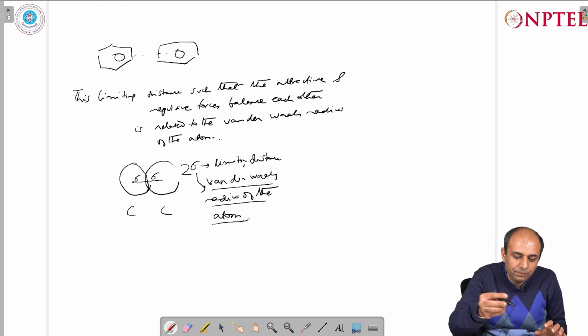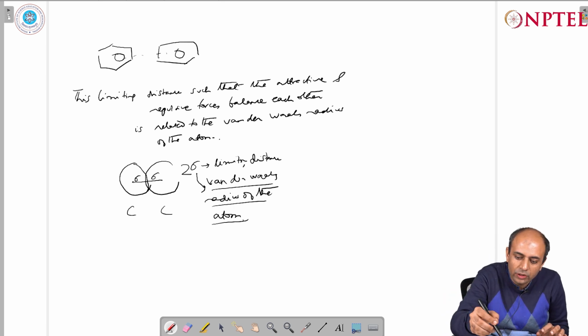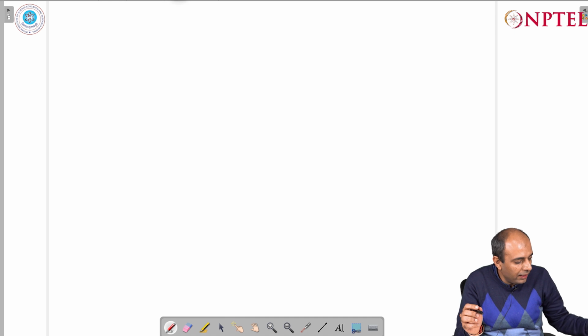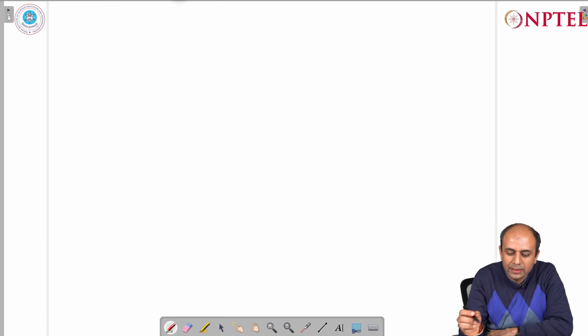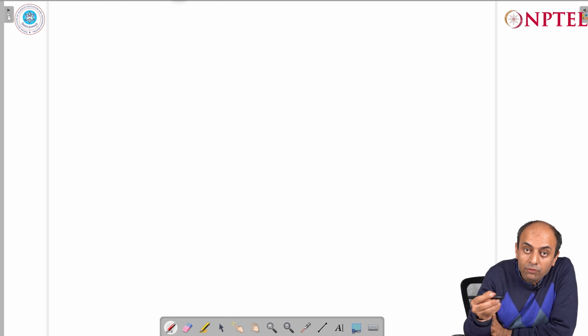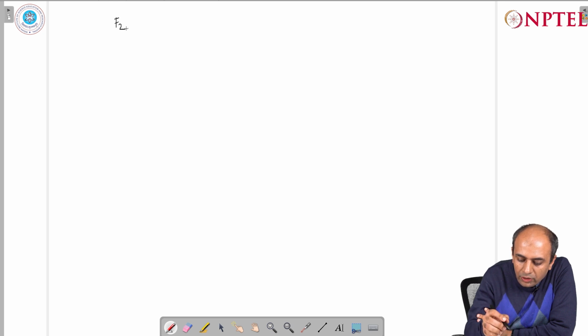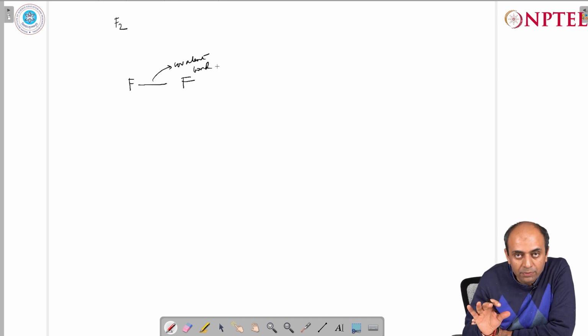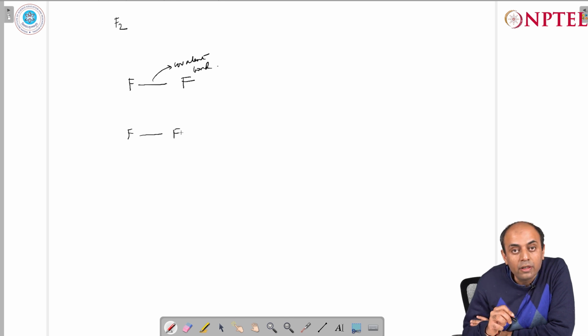So we can also consider a slightly more involved example, for example, a fluorine molecule. In a fluorine molecule we have the F-F bond, where a covalent bond is formed between the atoms, and now I bring in its vicinity another F2 molecule.